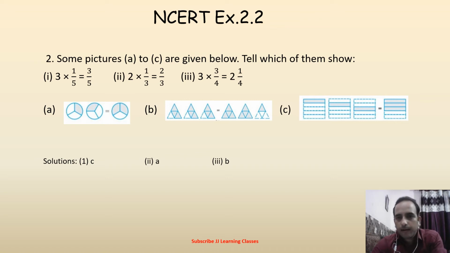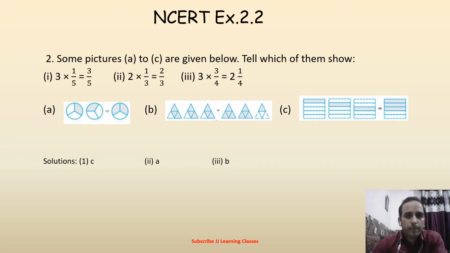Why answer C? Because you have the 5 equal parts in each whole, and there are 3 wholes here, 3 whole figures we have. So 3 times 1 by 5, so the C part is the correct answer. For the second part we have 2 times 1/3, so the answer is A here because we have 2 wholes and then 1/3. So out of 3, 1 is selected, and similarly for the third part also.